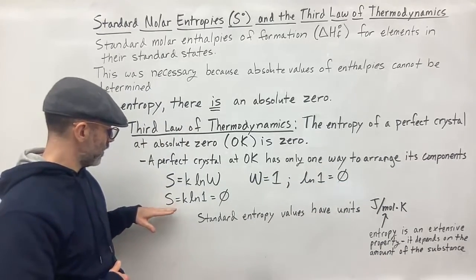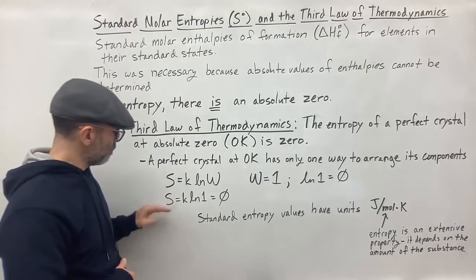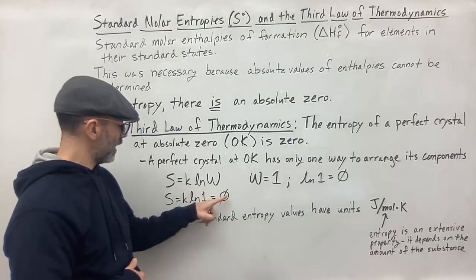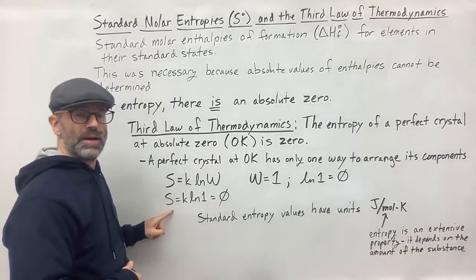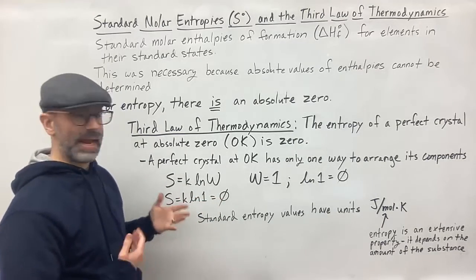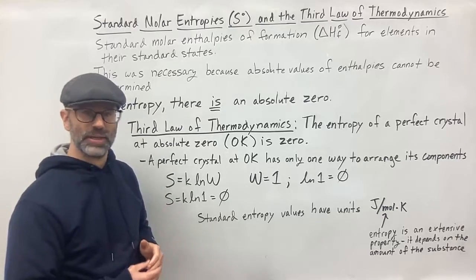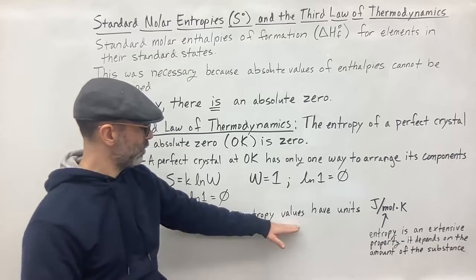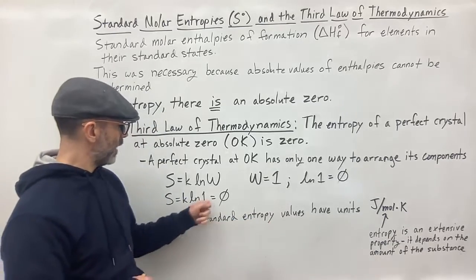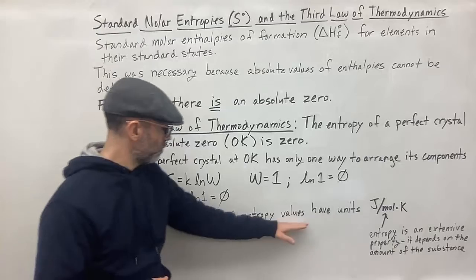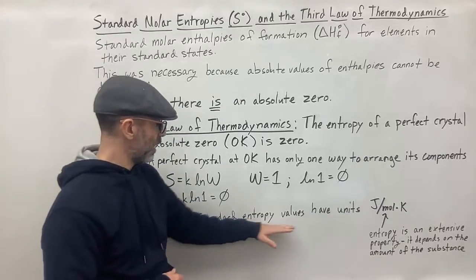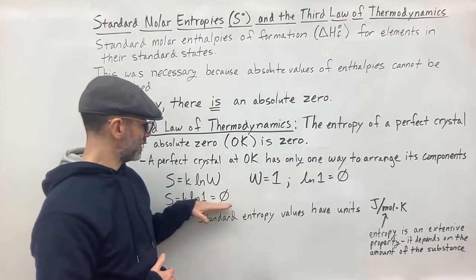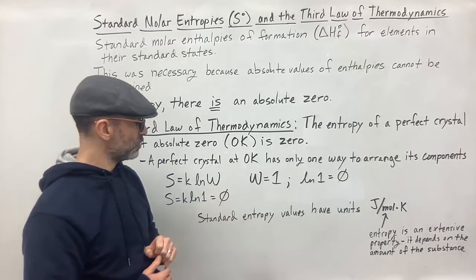So the entropy is equal to k times 0, which is 0. Therefore, you have zero entropy for a perfect crystal at 0 Kelvin, and standard entropy values of other things are going to be based off that. So we have an absolute zero standard.